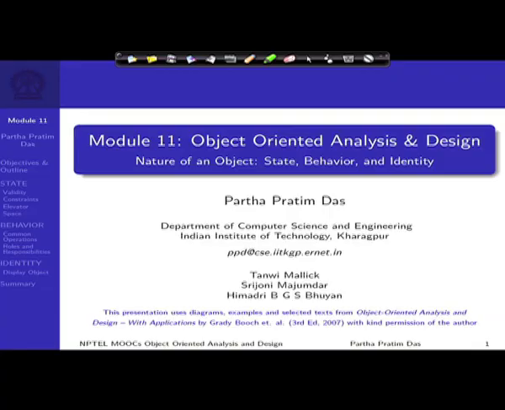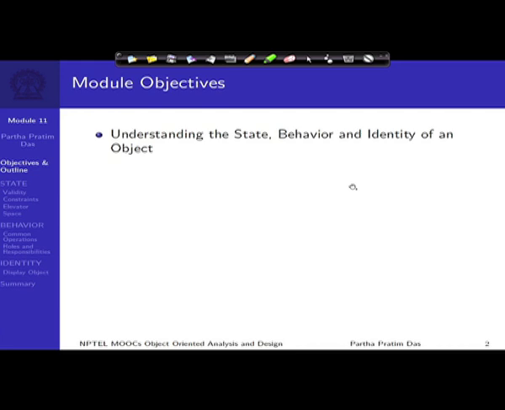So, in the current module, we start by discussing the nature of an object. The objective of this module is to understand the 3 aspects known as state, behavior and identity of an object.